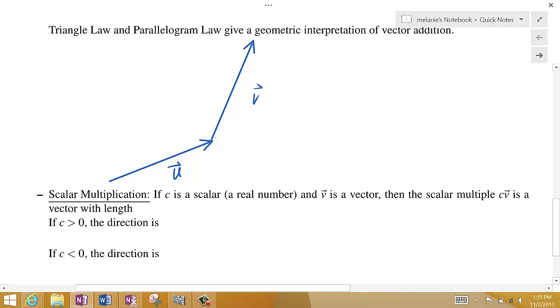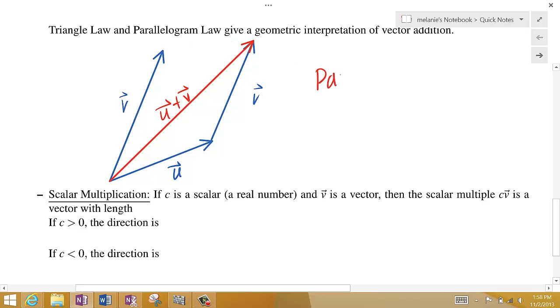I line them up just like I did before with the head-to-tail method, but I also put another vector v at the beginning of u, from the initial point of u. Sometimes you can draw the other vector u here, and it would complete a parallelogram, but sometimes we just leave it like it is, and we say, well, this is the resultant vector u plus v. It's just like the triangle law, just using the other two vectors. So this is actually the parallelogram law.